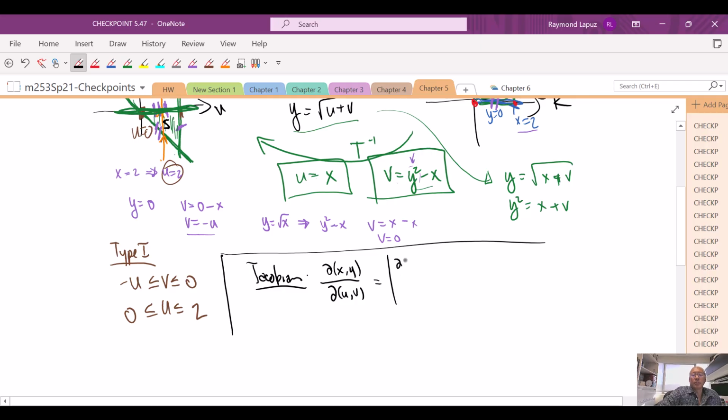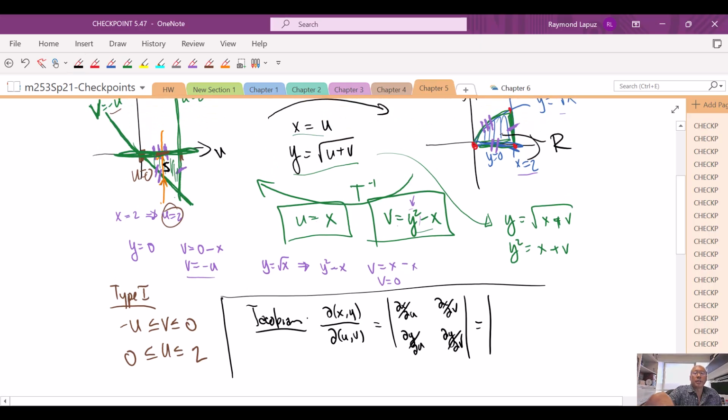So derivative of x with respect to u, derivative of x with respect to v, derivative of y with respect to u, derivative of y with respect to v. We were looking at this set of equations, the derivative of x with respect to u is 1, the derivative of x with respect to v is 0. The derivative of y with respect to u, let's do that off to the side here a little bit.